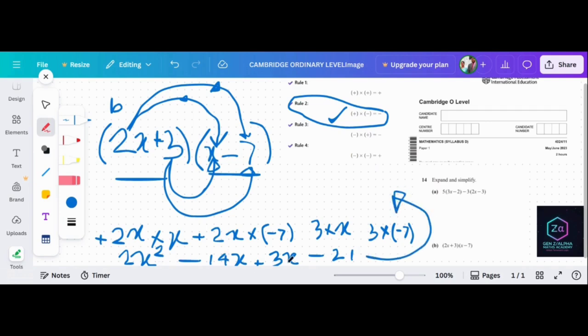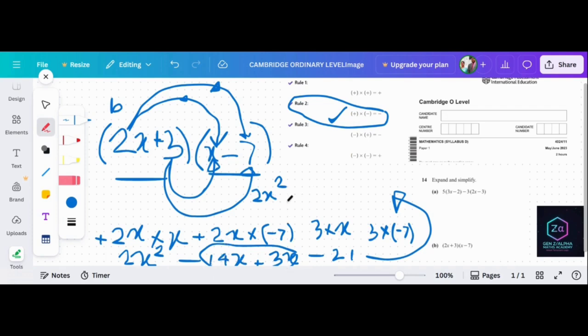Now we can simplify because we have terms with the same variables here. So 2x squared, right? Minus 14x plus 3x. The signs are opposite, so 14x minus 3x means 11x.